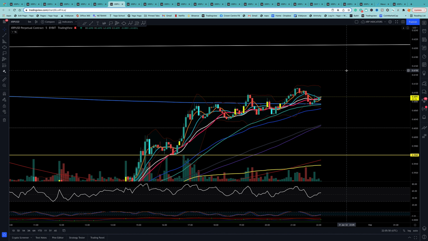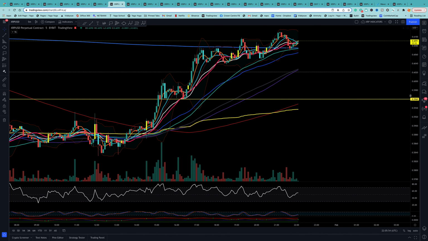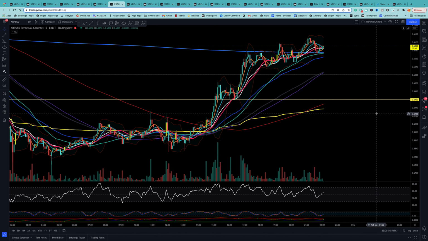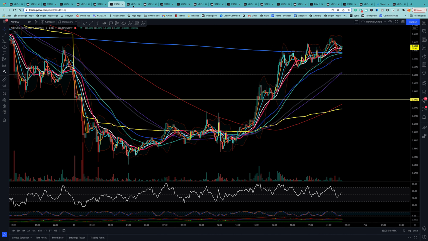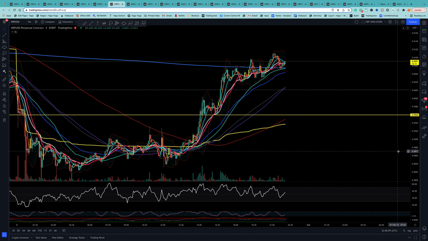Very simply, I might as well give a visual here. Here we are on an Elliott Wave on the way up.